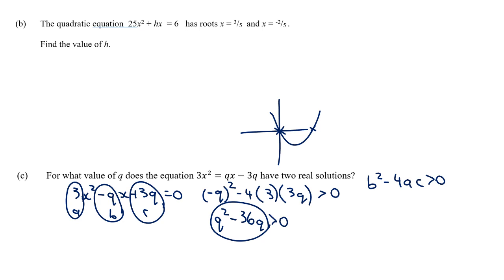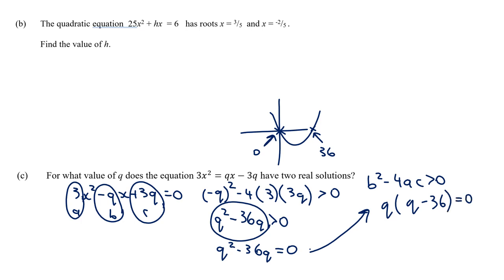So solving these quadratic inequalities, my suggestion to you was to think back what the graph looks like. So to find that root there and that root there, 0 and 36, what you end up solving is where does q squared minus 36q equal 0. Right? Yep. Solve that one by factorising it. So it's q lots of q minus 36 equals 0.